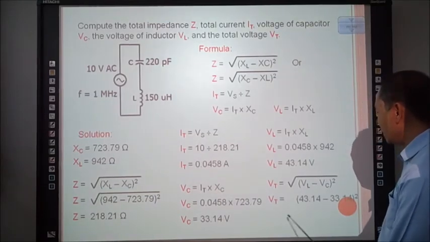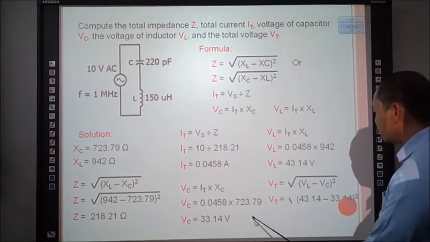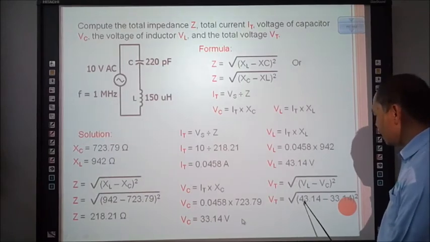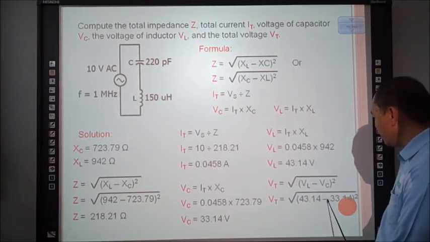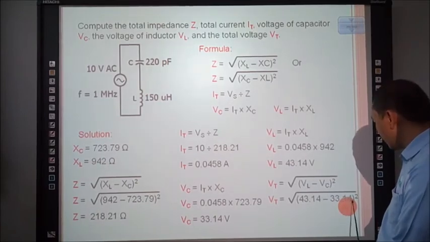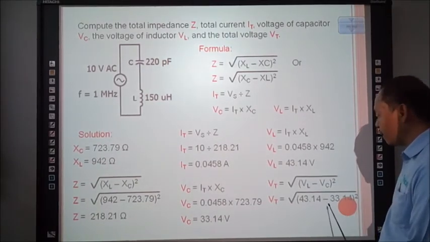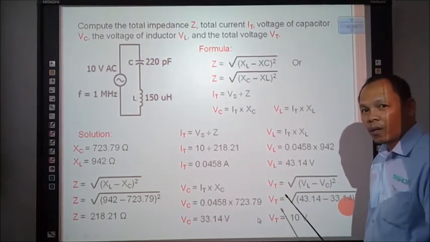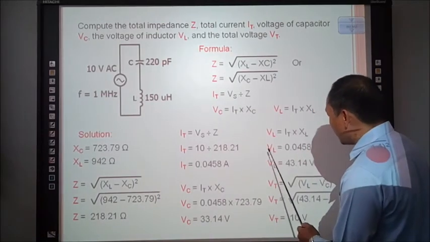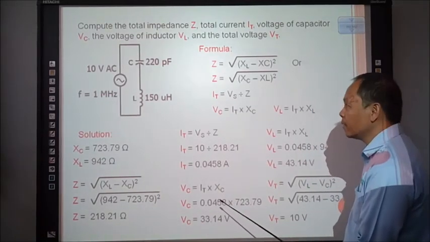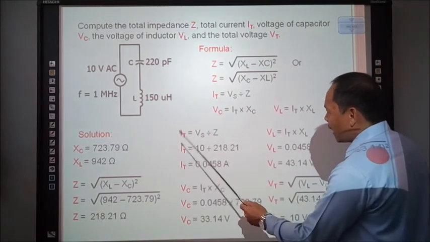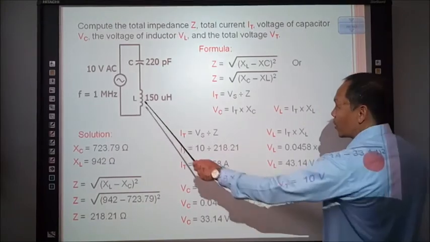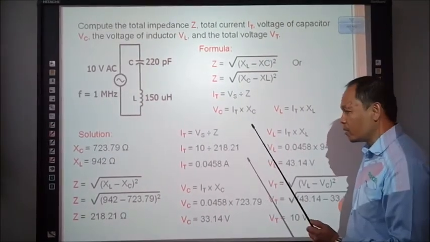So your VT now is equal to the square root of open parenthesis 43.14 minus 33.14, close parenthesis, squared. Your total voltage is equal to 10 volts. So the VL and the VC are correct, and also the total current is correct. Why? Because your total voltage here is equal to the source voltage, which is 10 volts.